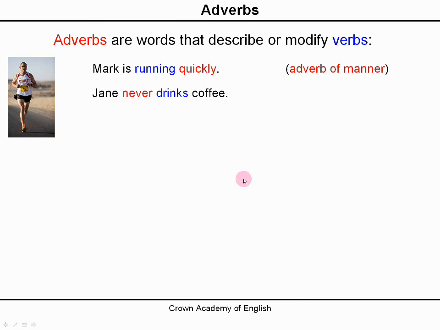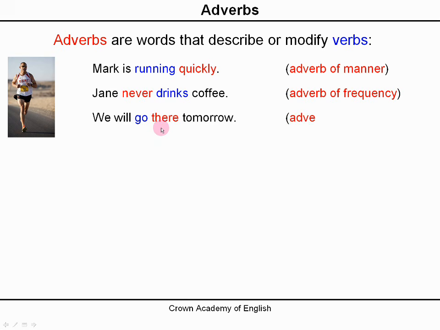Jane never drinks coffee. This is an adverb describing the verb drink. And it is an adverb of frequency. We will go there tomorrow. So there is an adverb of place. It is describing where we will go.